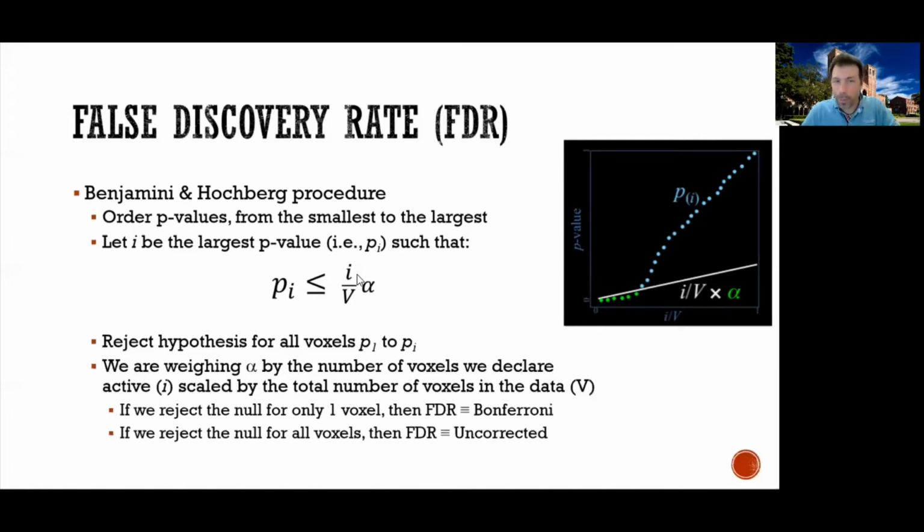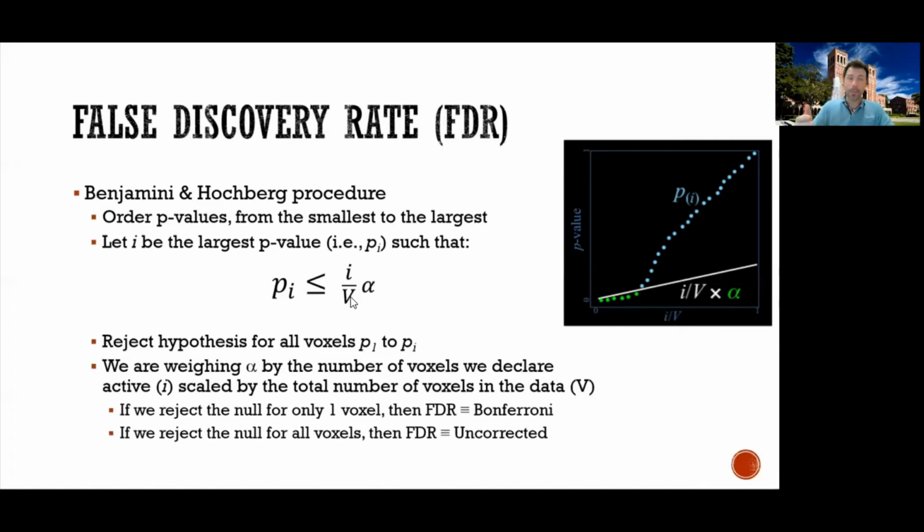If you think of the extremes, if I were to reject only one voxel, the p-value would have to be smaller than 1 over the total number of voxels, 100,000, times alpha. In other words, if I rejected only one voxel, FDR would be equivalent to doing Bonferroni, because it would be alpha times 1 divided by 100,000. So alpha divided by 100,000. That's the threshold that I'm imposing.